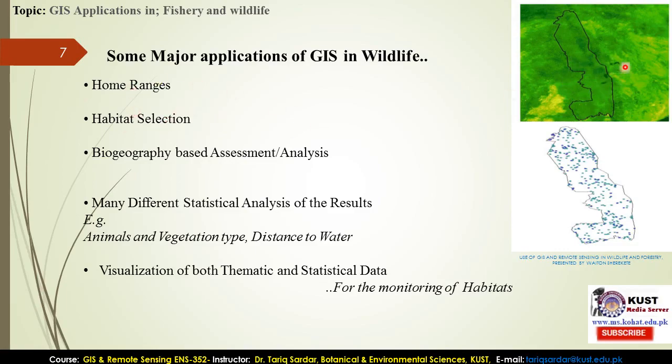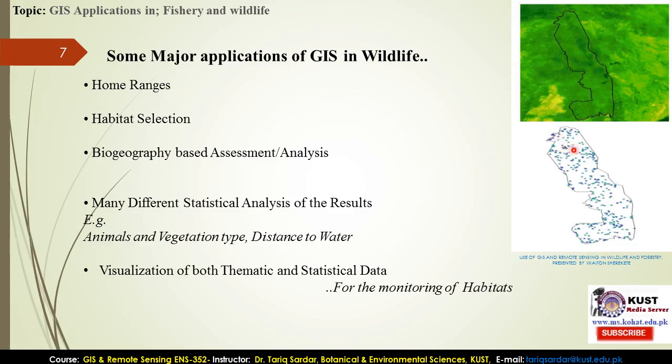If you go for biogeography, the range that is home or habitat to a certain kind of species, then if we go for species distribution, habitat selection can be done randomly or on a query basis to make that a home range for a certain kind of wildlife species.